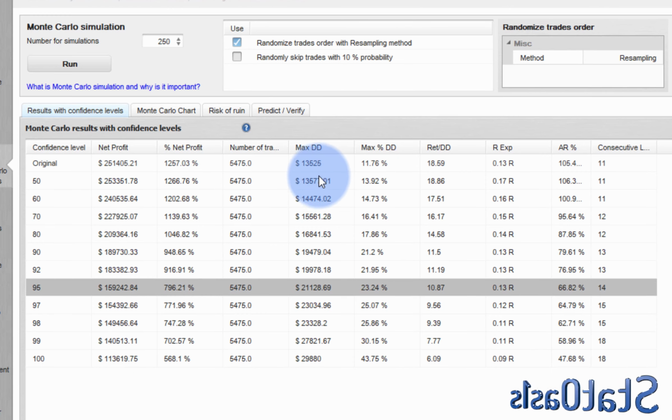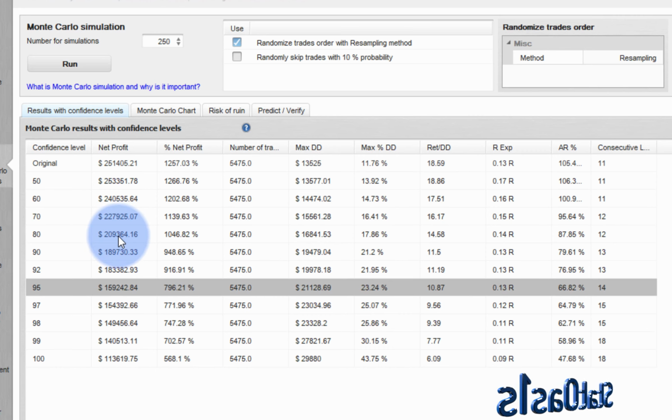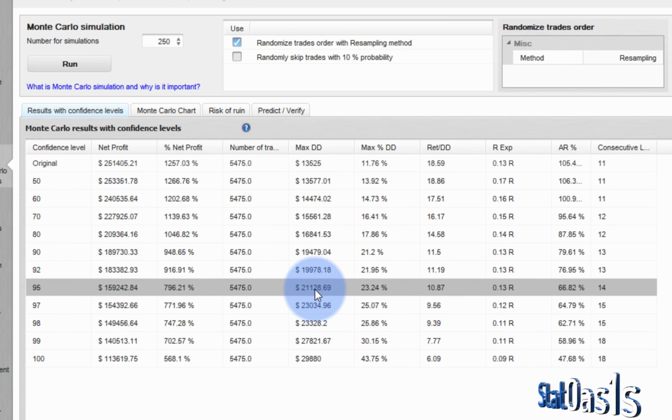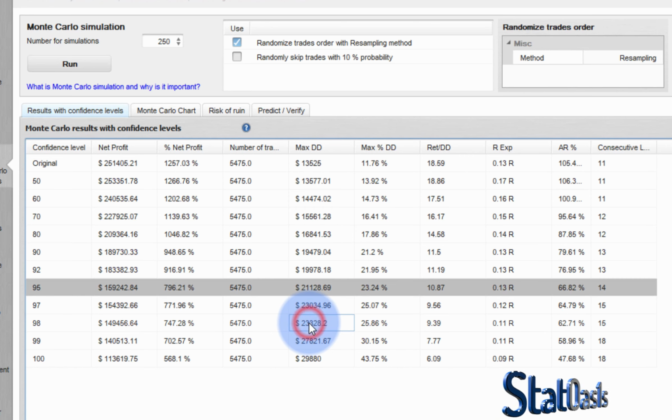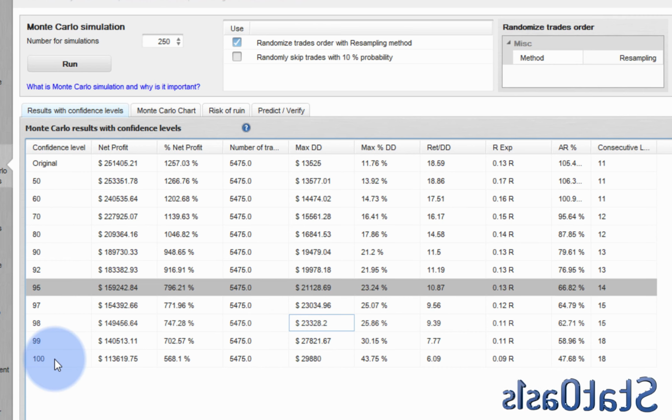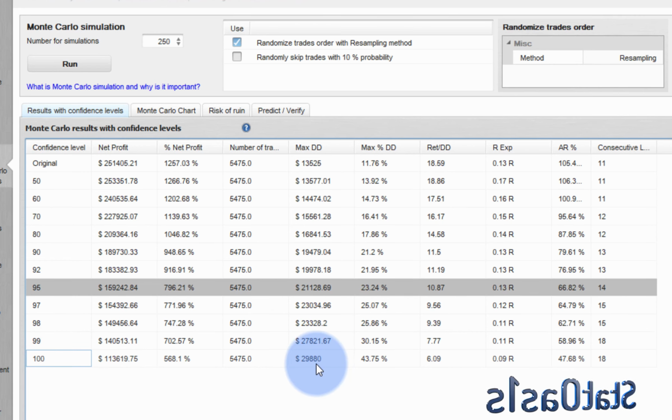And the maximum drawdown, of course, increases. It's the opposite of the net profit. So at 95%, I have 5% chance that my drawdown will be more than 21,000. And here I have 2% chance that my drawdown will be above 23,000. But I am 100% confident that my drawdown will be less than $30,000.